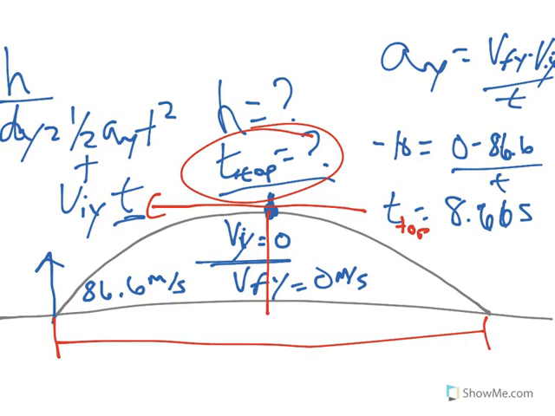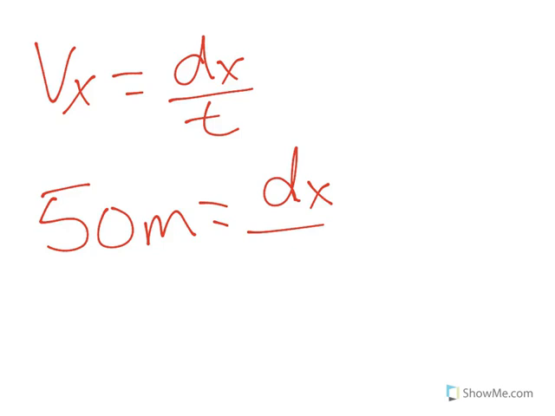Well, how much longer does it take to get from here to here compared to here to here? Well, it takes double. So the time to the top times 2 equals the time in the air. And we need to use the time in the air here.